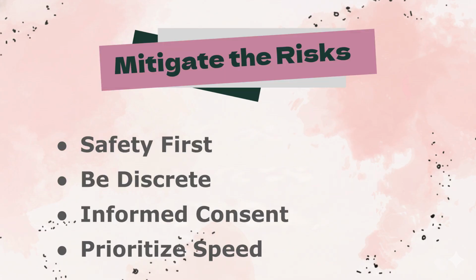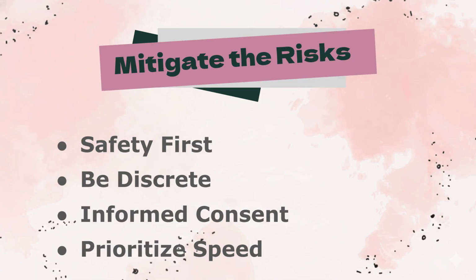So, does this mean we stop doing FBAs? No, it means we do them ethically. And here's how: safety first. Always have a crisis plan in place before you start observing or conducting the functional analysis. Be discreet. Use indirect assessments like interviews alongside direct observations to minimize the watched feeling.